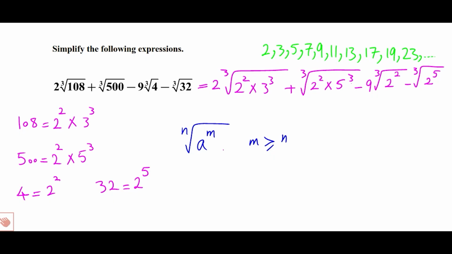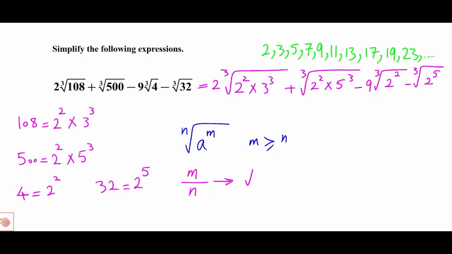Here's the rule step by step. Number 1. Divide the exponent m by the root n, m divided by n. Okay. The quotient becomes the exponent of the base outside the radical, and the remainder stays inside the radical.